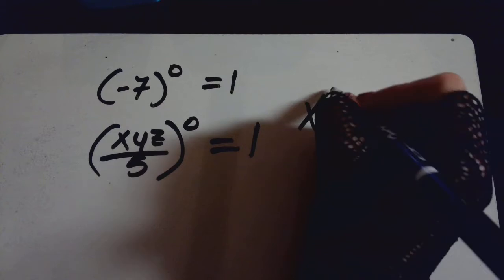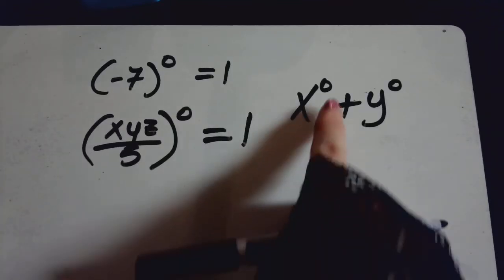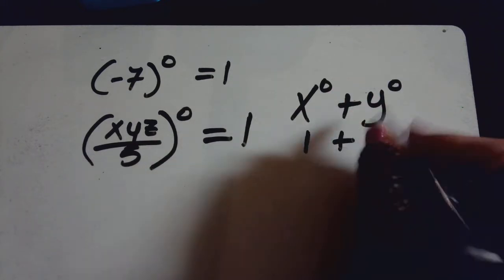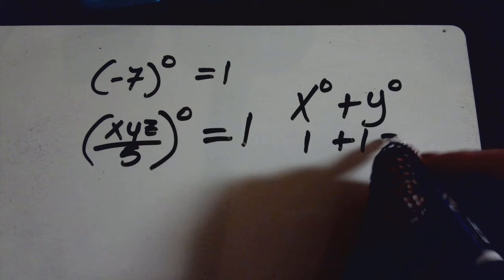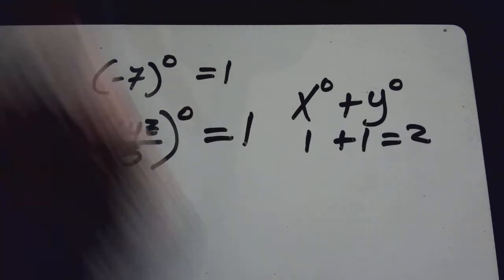So say I have x to the 0 power plus y to the 0 power. You should know, looking at that, anything raised to the 0 power is 1, plus this raised to the 0 power is 1. So the answer to this would be 2. Now I'm going to show you if you had this, 5x to the 0 power plus 6x to the 0 power.